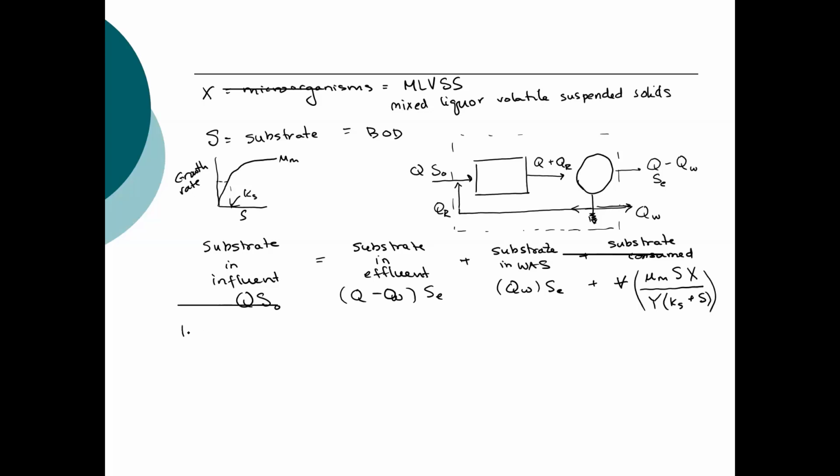We develop a mass balance for the biomass in the influent plus the net growth rate. So our substrate is being consumed, remember, but our biomass is growing.